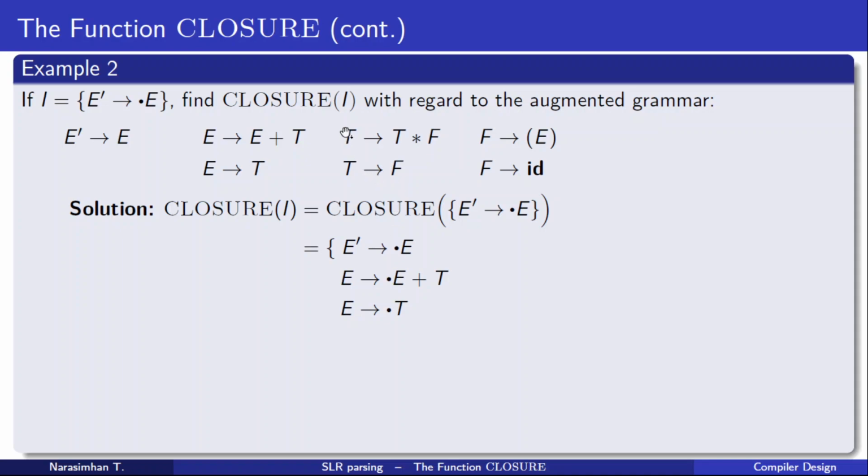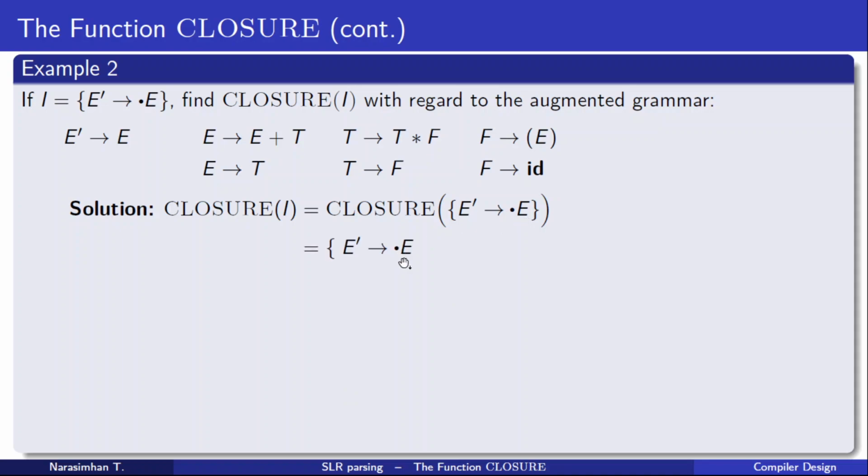So you need to add these two productions to the closure set: T gives dot T star F and T gives dot F. Now you have dot to the left of F, so you need to add the F productions also to the closure set. So F gives dot parenthesized E and F gives dot ID. Okay, so let me repeat that. Initially the closure set will contain this item.